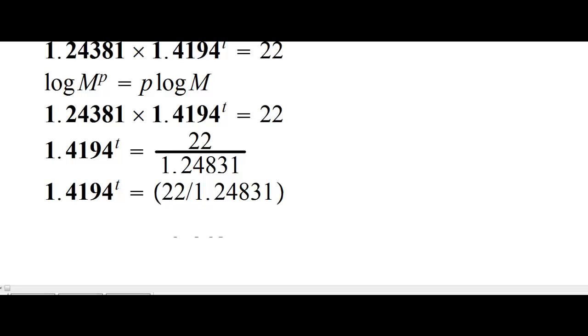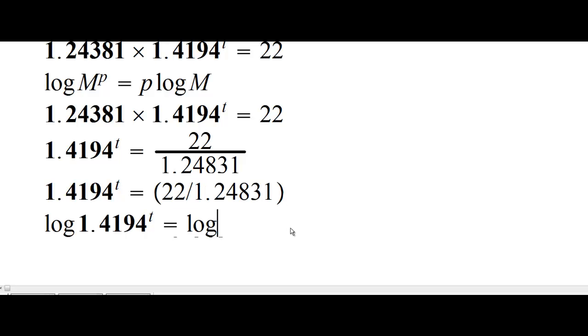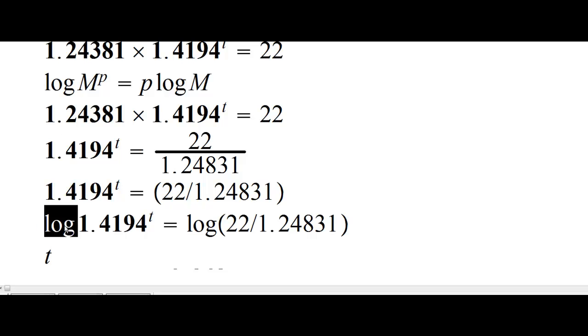Now we will take logs of both sides, the log of this side equals the log of this quantity. And because of the power property of logarithms, t is going to step down as a factor.